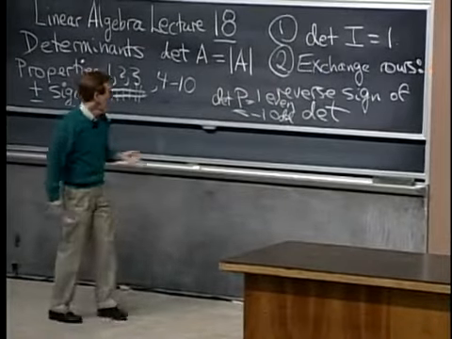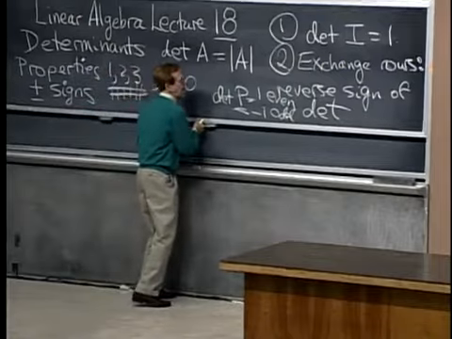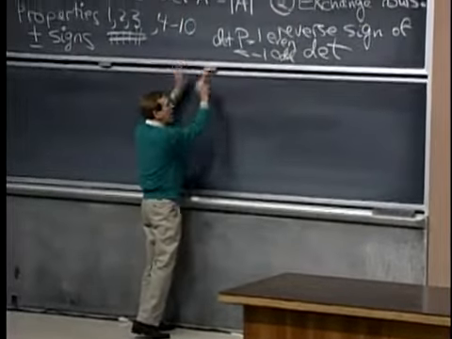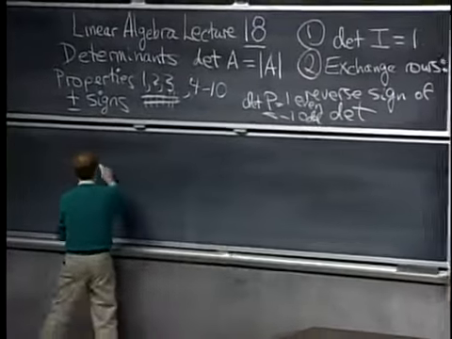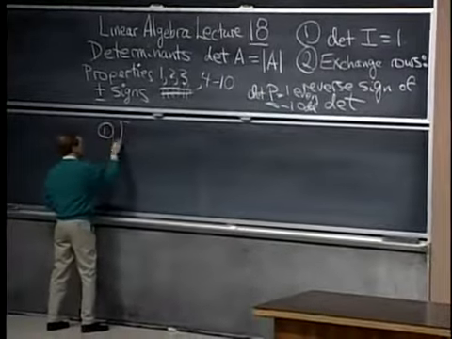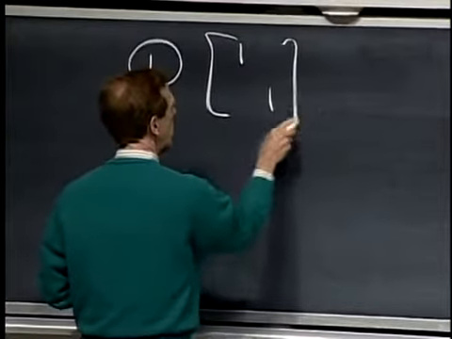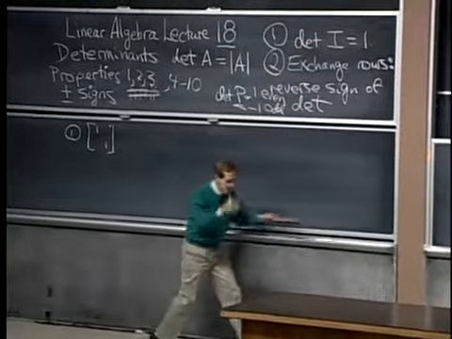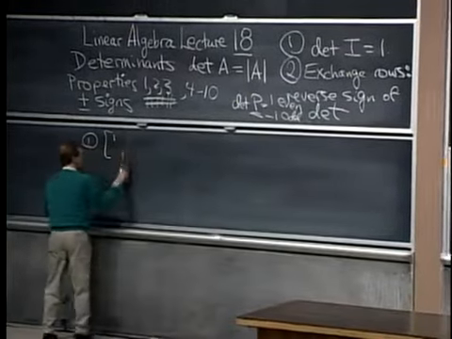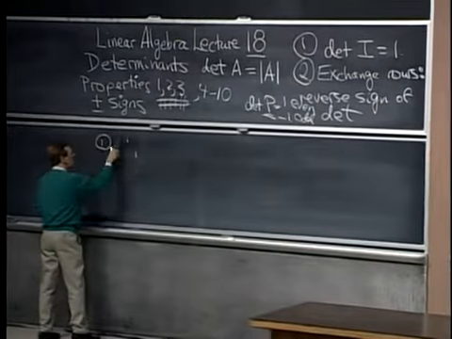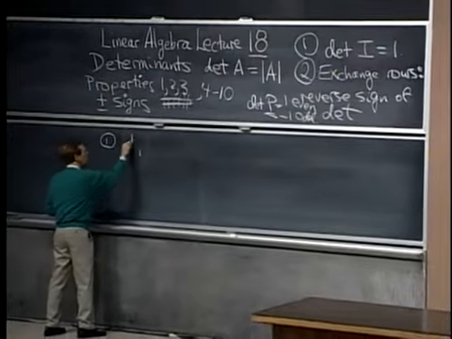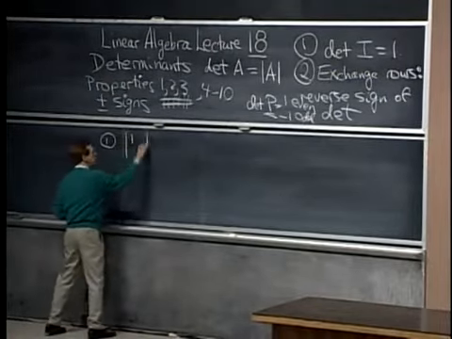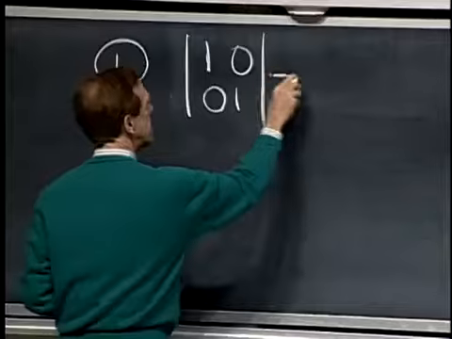Okay. So if I could carry on this board, I could do the 2 by 2s. Property 1 tells me that this 2 by 2 identity matrix, I better write vertical bars, not brackets, for that determinant, has determinant 1.